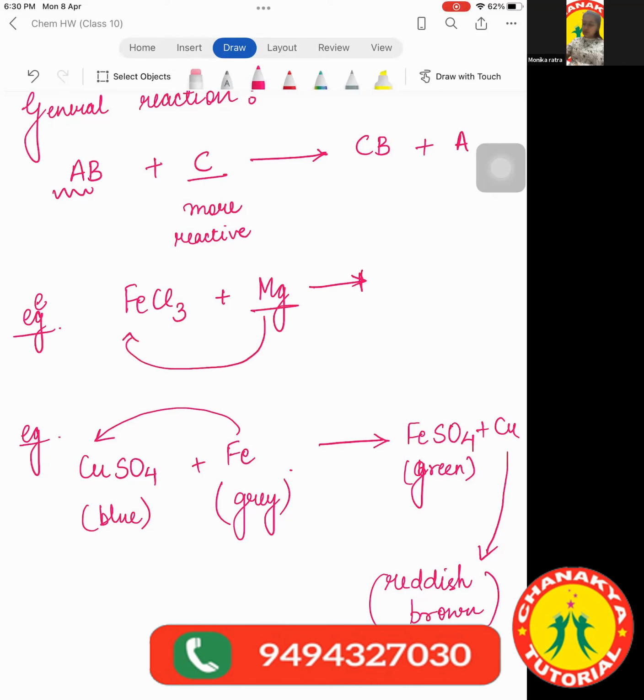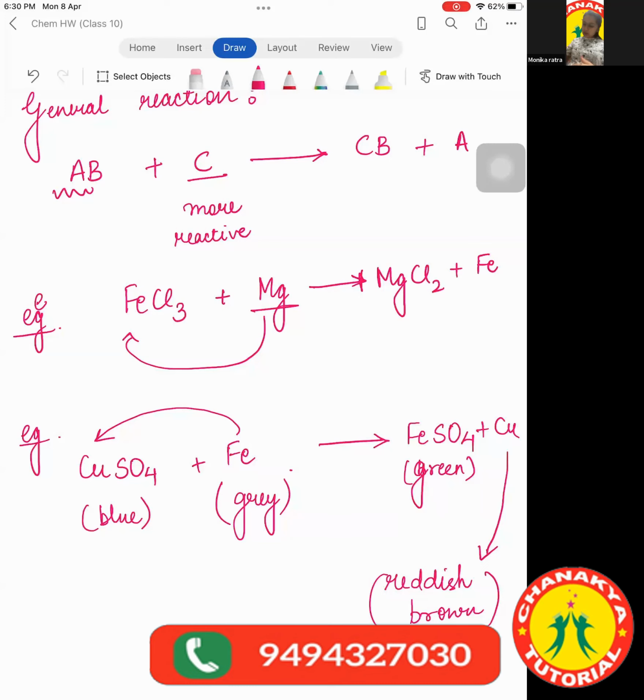It takes the place of iron and it leads to the formation of magnesium chloride and the iron metal separates out. Now, how do you decide whether this metal is more reactive or that metal is more reactive?